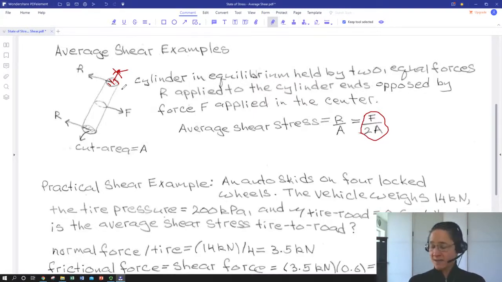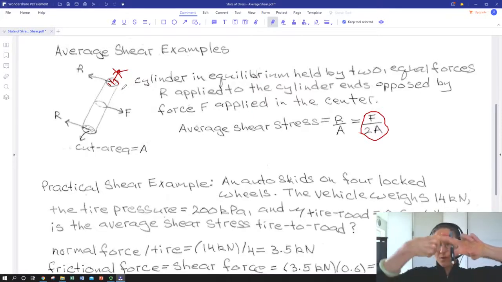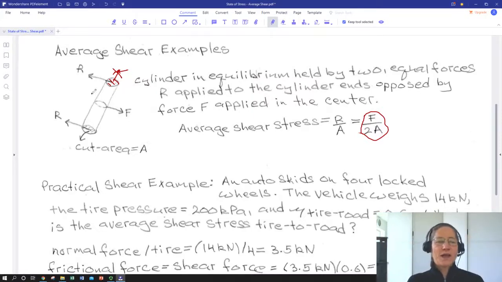If you've got a cylinder, like my pencil, and I restrain it with two fingers and pull with my middle finger, that's the situation I have. So you might test for shear strength by constraining a bar-shaped specimen at both ends, maybe fitting it into a recess, and then yanking on it with some controlled force in the middle.